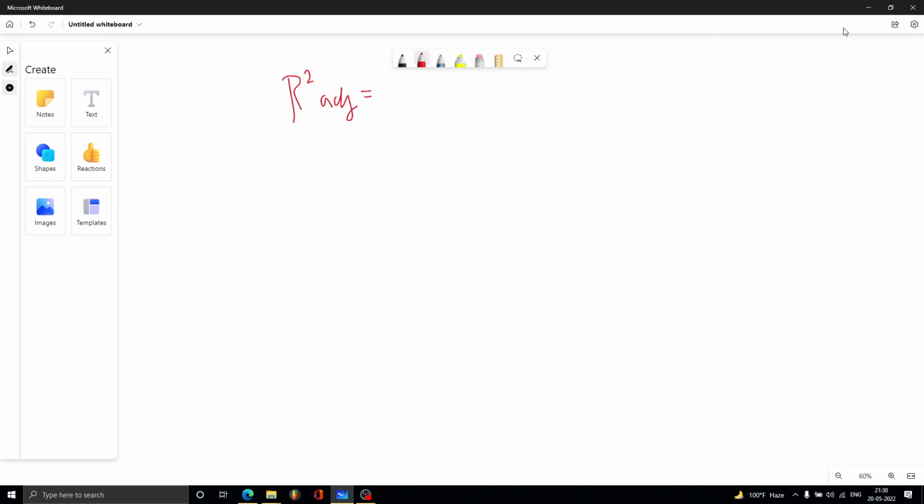Now what is the formula for R square adjusted? It's a very simple formula. It is 1 minus (1 minus R square) multiplied by (n minus 1) divided by (n minus p minus 1). What is p here?